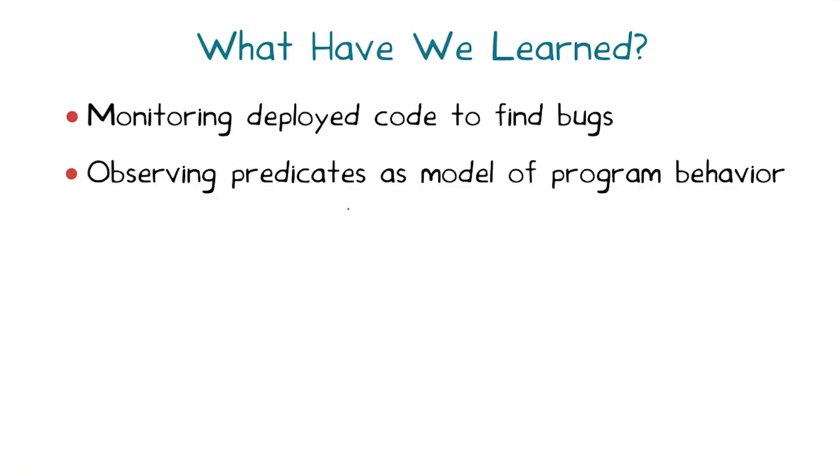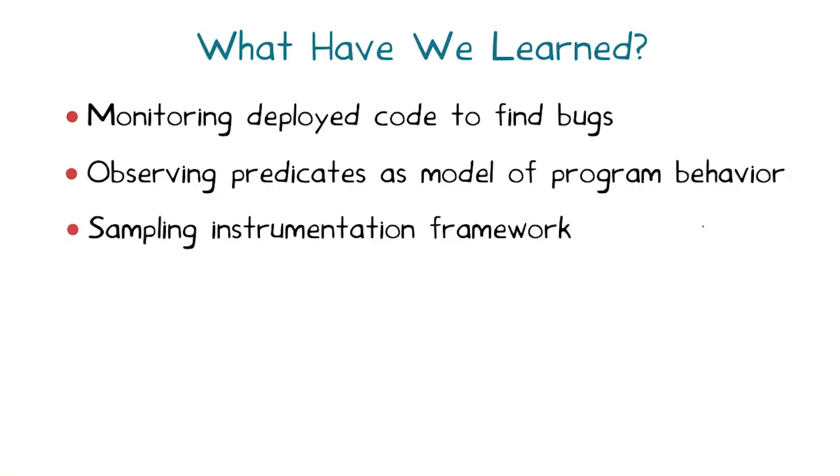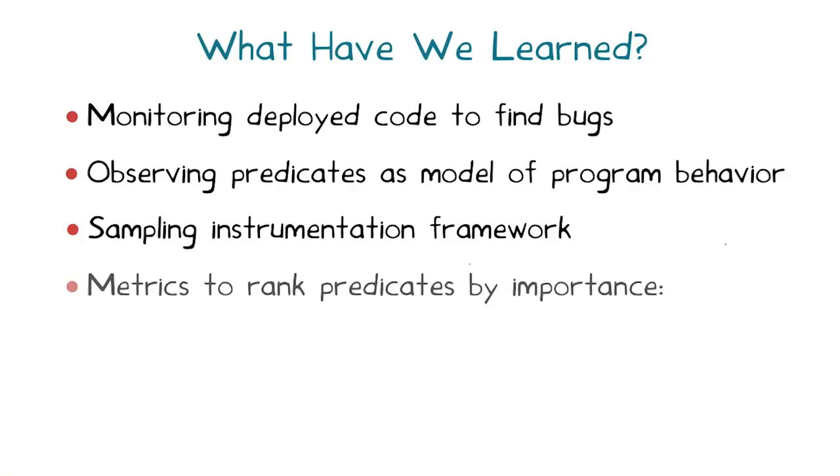We saw how to reduce the impact of these observations on users' experience by using a sampling framework that amortizes the cost of randomly deciding whether or not to sample an observation. The errors caused by lost information in these samples are mitigated by the large number of users we collect reports from. We defined metrics to rank predicates' importance to our debugging efforts.